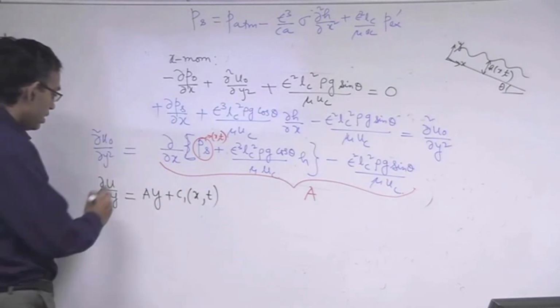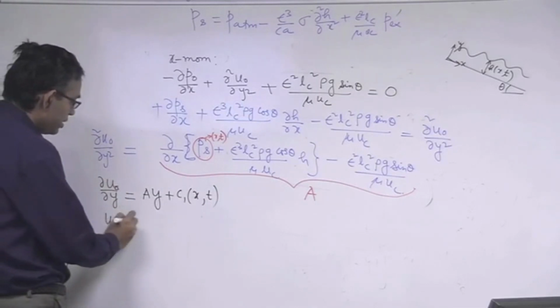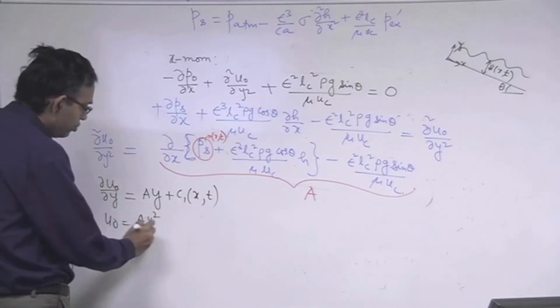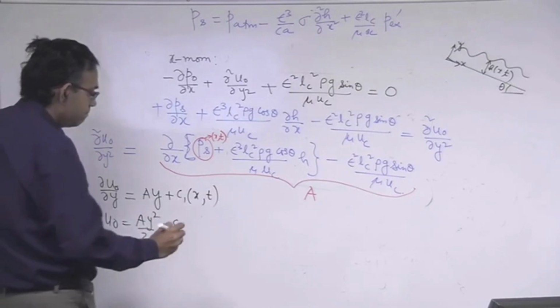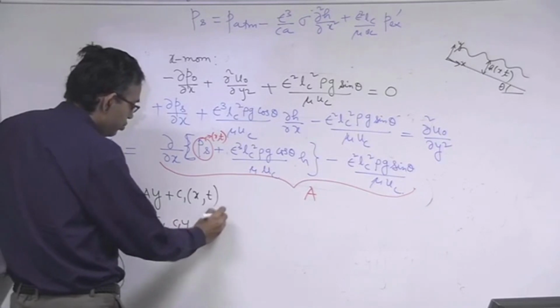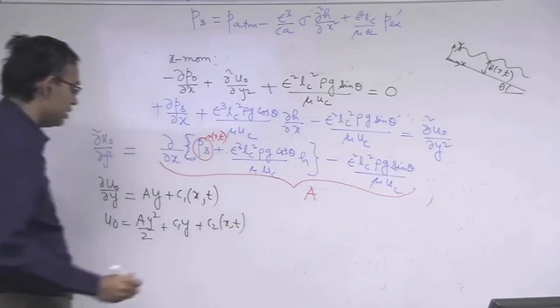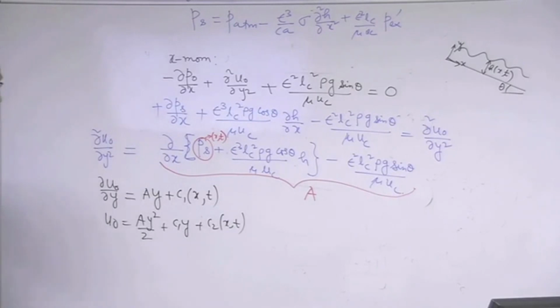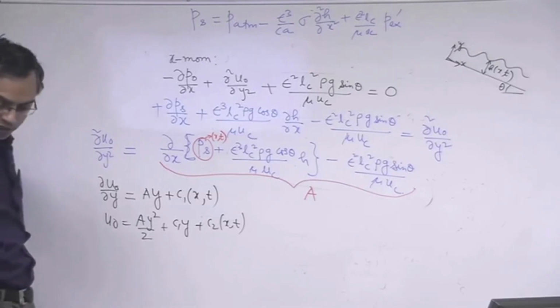Right, u0 is A y square by 2 plus C1 into y plus C2, which is a function of x and t. C1 is also a function of x and t, but already we have written in the previous step, so I have not written again. Now, we need to apply the boundary conditions to get C1 and C2.